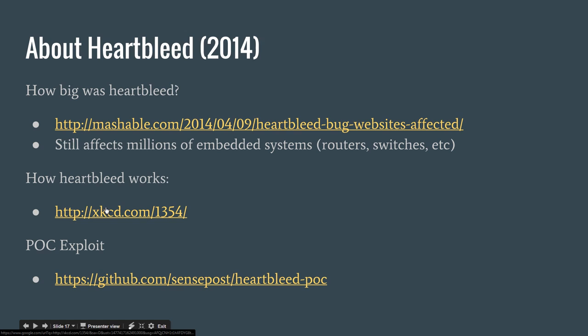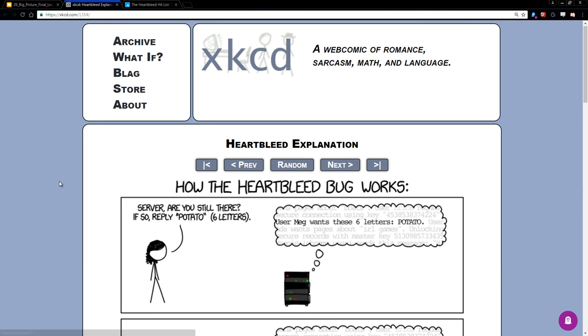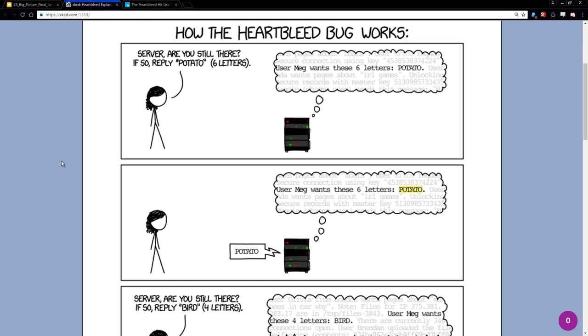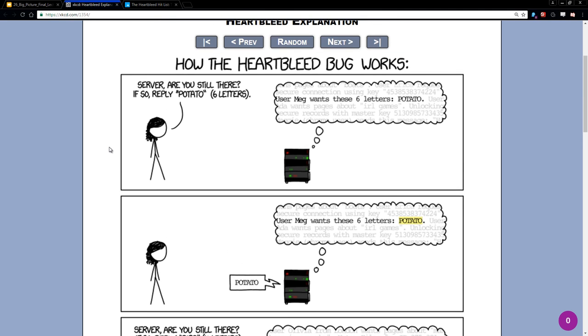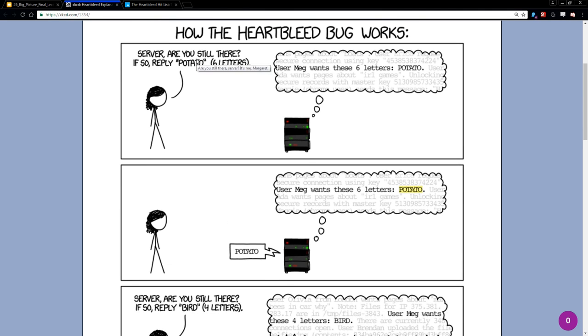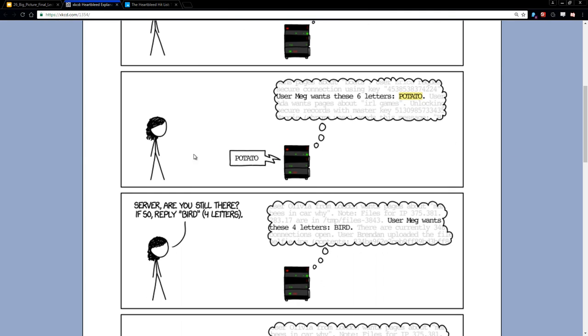So there's a pretty good comic on how Heartbleed works. It's about 4 panes from XKCD, and the feature that Heartbleed exploits is some form of keep alive feature, in which the client asks the server, hey, are you still there? If so, reply with this response, and the server will respond.